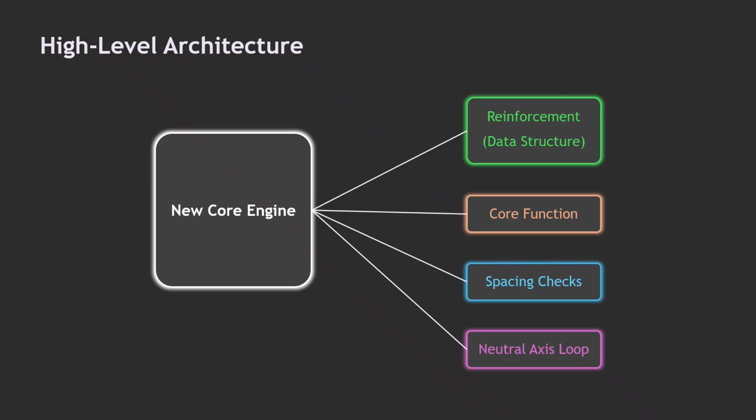Also, we have the spacing checks. We will separate the spacing checks required by ACI code, or perhaps we will build this as a more generic component that could encode different design codes or design standards. And finally, the neutral axis loop.